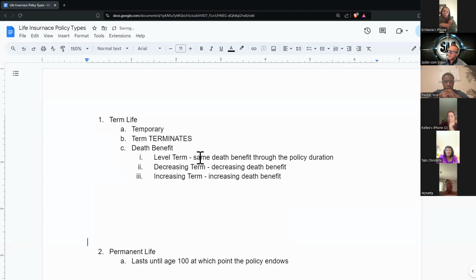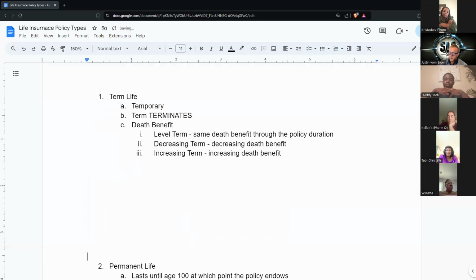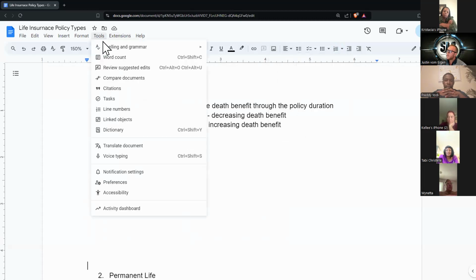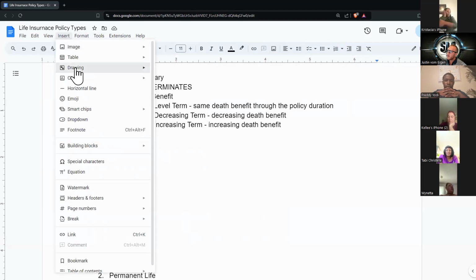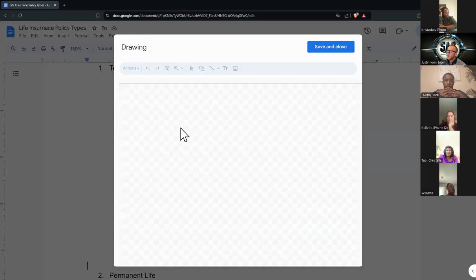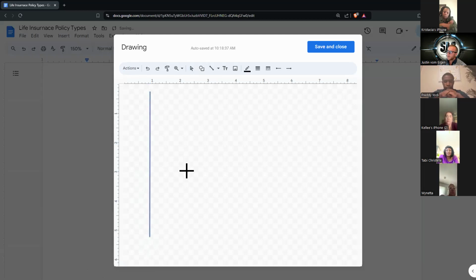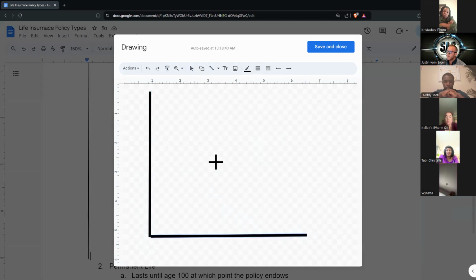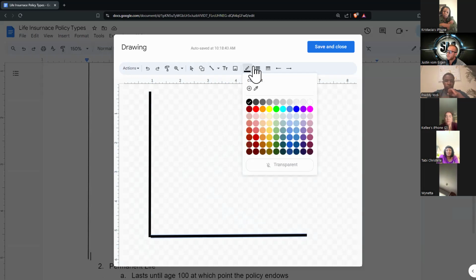So let me see if I can put this on a little chart for you here. If I can draw something. Tools, is there a way to draw, is there insert drawing? Here we go, new. Okay, so say this is the y-axis, and then we get the x-axis here for all you math people who love math so much.